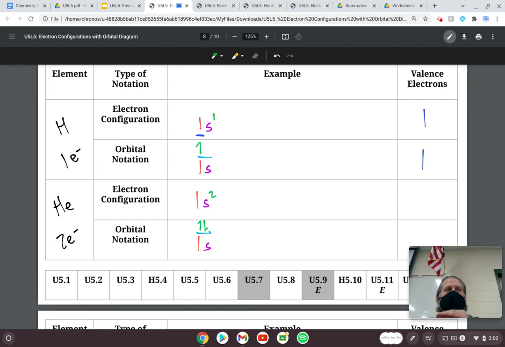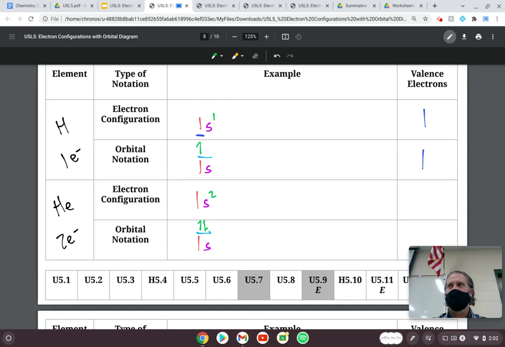The reason why one goes up and one goes down has to do with what we refer to as the Pauli exclusion principle, which says 2 electrons in the same orbital have to have opposite spin. If I take 2 electrons and both are negative and they're spinning in the same way, they will repel and not stay there. But if they are spinning in opposite directions, we can get them to stay in that spot.